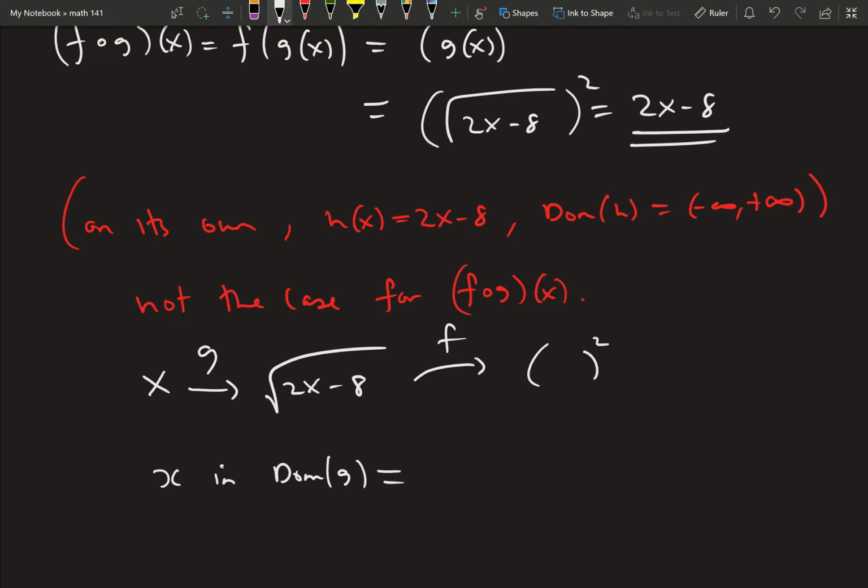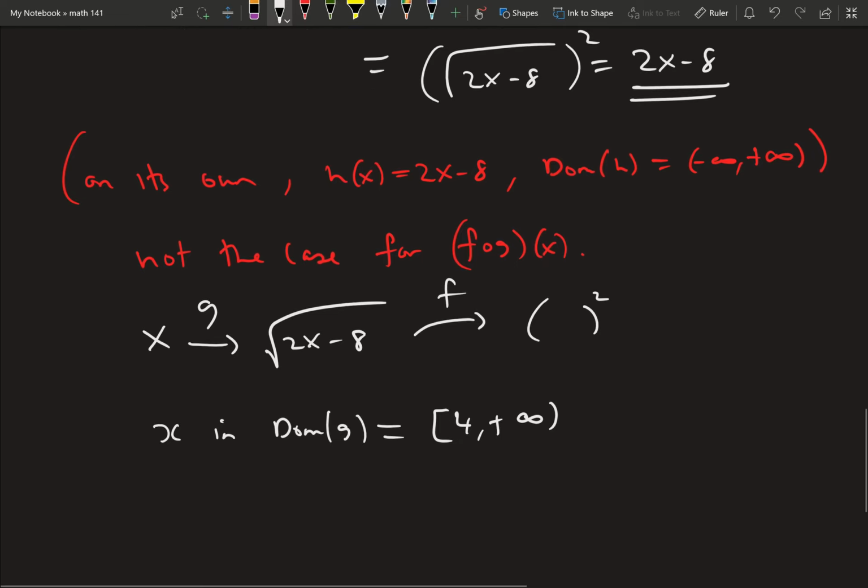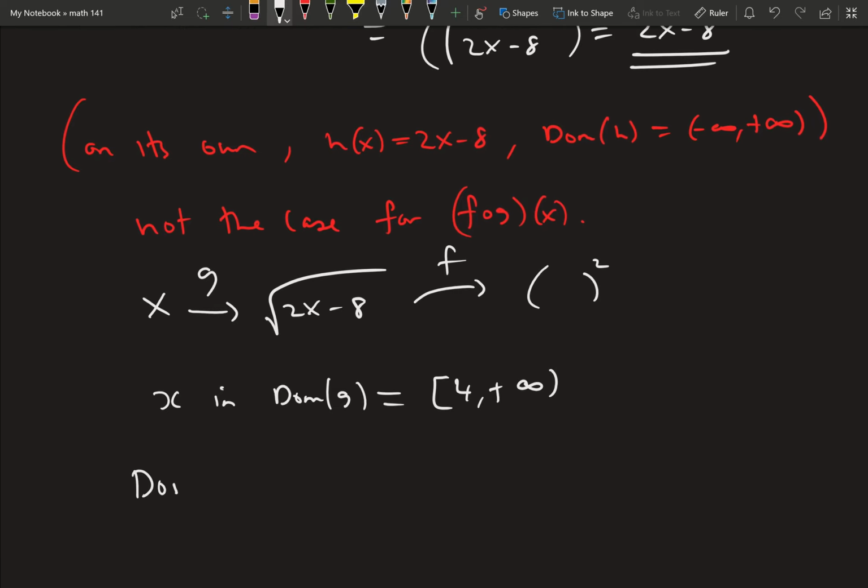What was the domain of g? It was 4 to positive infinity. So for sure, the domain of f composed with g is going to be contained inside this set, because we still have an additional condition.